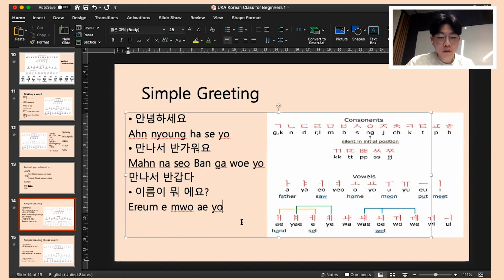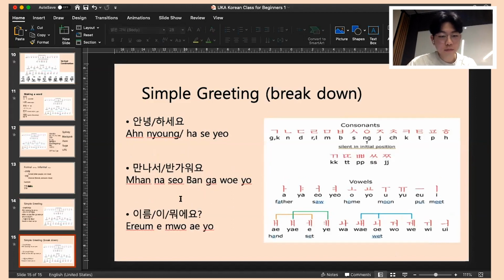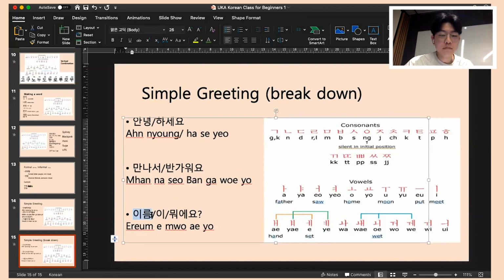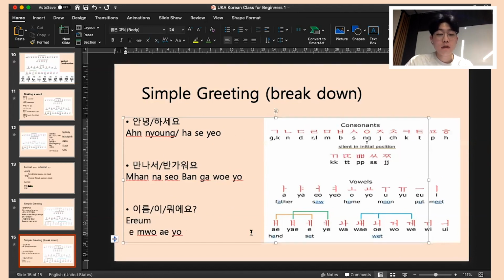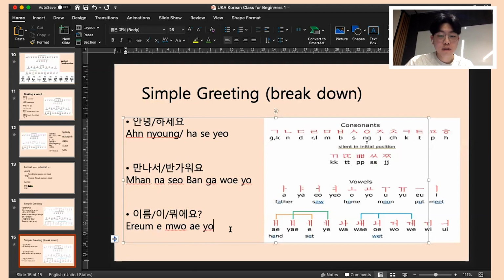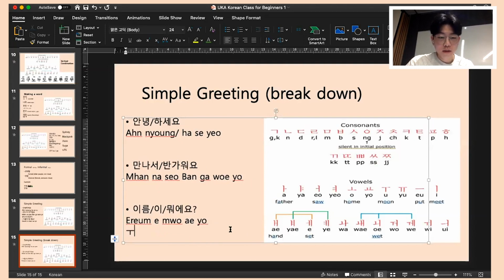Okay, the next one. 이름이 뭐예요? So if you break it down like this, 이름 is name. Wait, let me write it. 이름 means name.